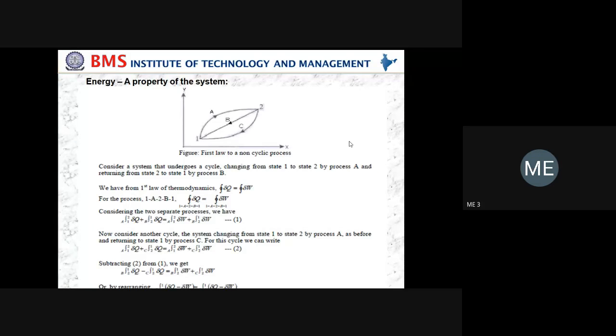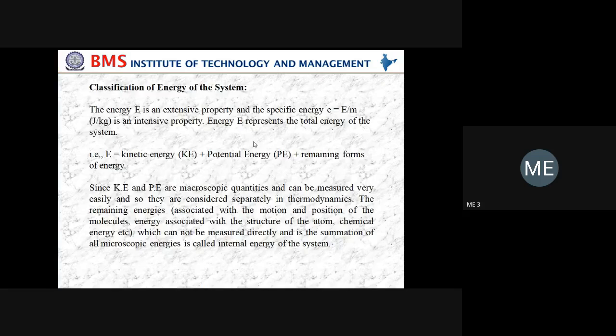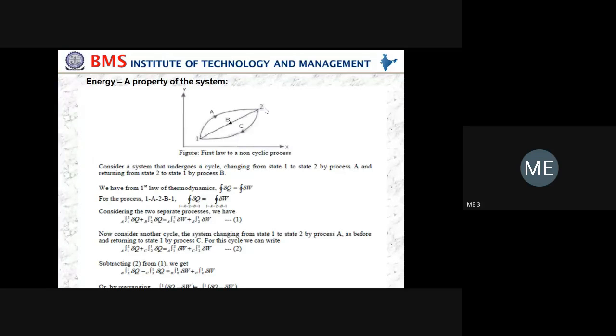Integration of dQ between state points 1 to 2 following path A plus integration of dQ for the path 2 to 1 following path C equals the work transfer: integration of dW between state points 1 to 2 following path A plus integration of dW for the path 2 to 1 following path C.